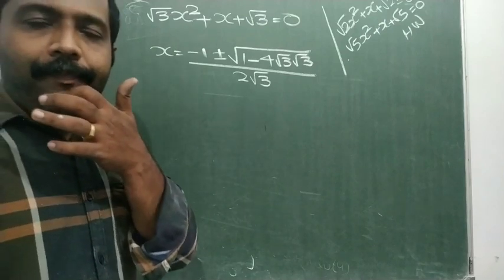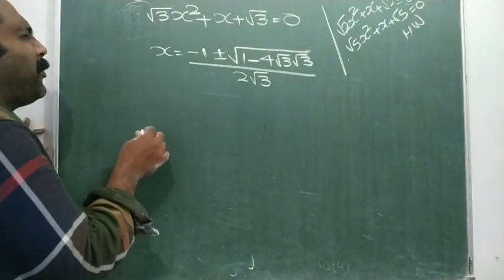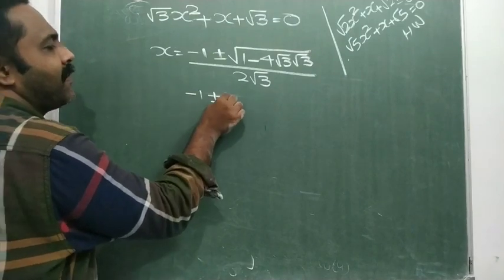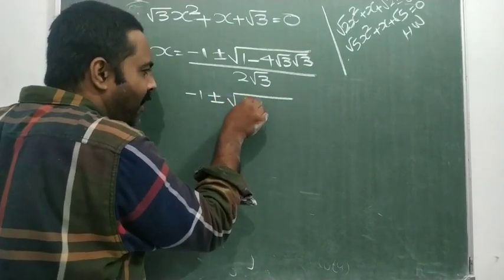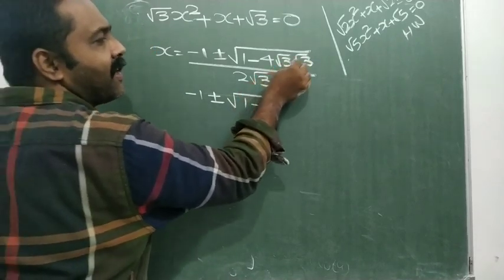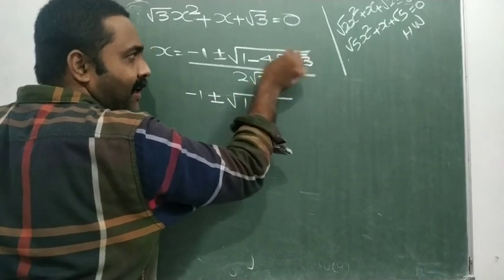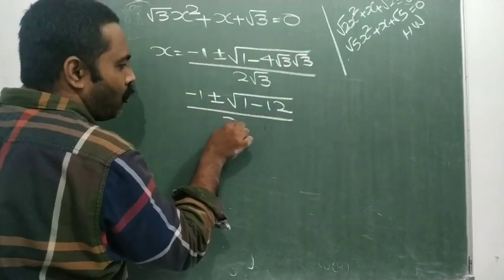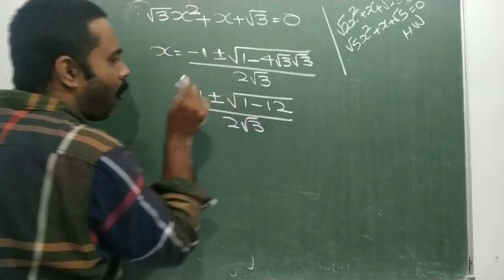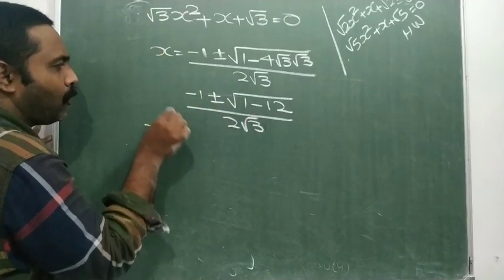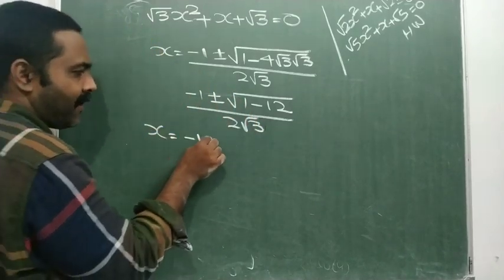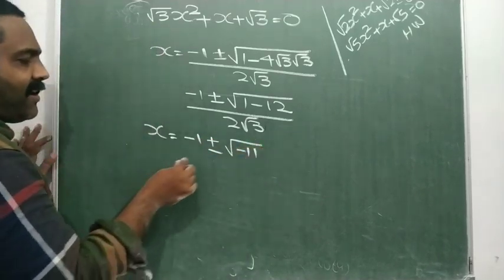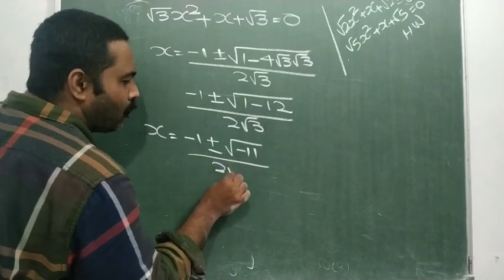Clear? x is equal to minus 1 plus or minus root of 1 minus root 3 into root 3 is 3, 3 into 4 is 12, by 2 root 3. Or x is equal to minus 1 plus or minus root minus 11 by 2 root 3.